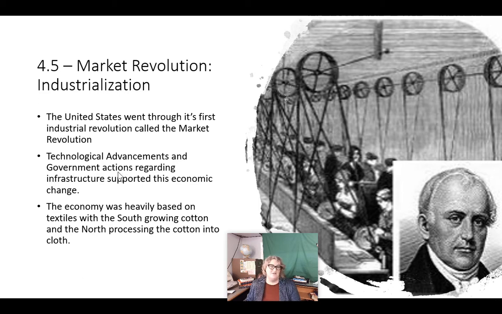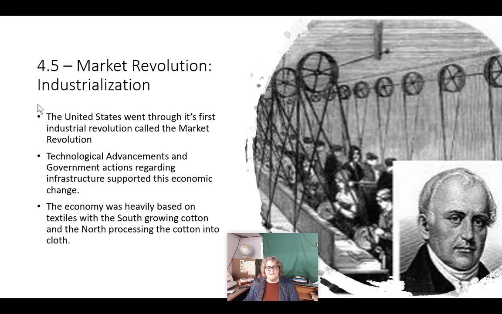government actions regarding things like infrastructure, which is a word for roads and canals and basically any of the structure you need to have a healthy economy. The government is going to support infrastructure, so this economic change is happening as a combination of both technological advancement and government action.